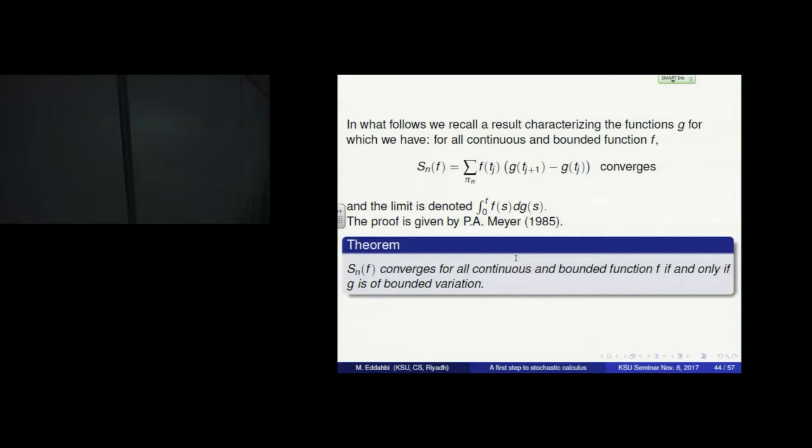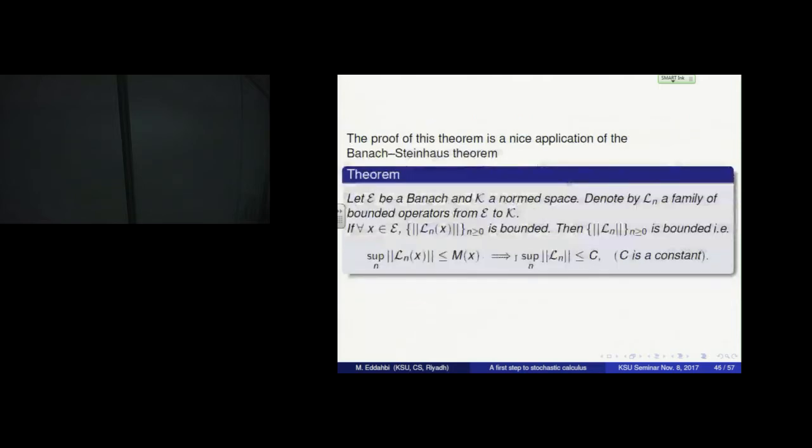This is equivalent to saying that J is bounded. This is a very nice theorem. I will not go into the proof, but it is a very nice application of the Banach-Steinhaus theorem. Believe me, it is true.